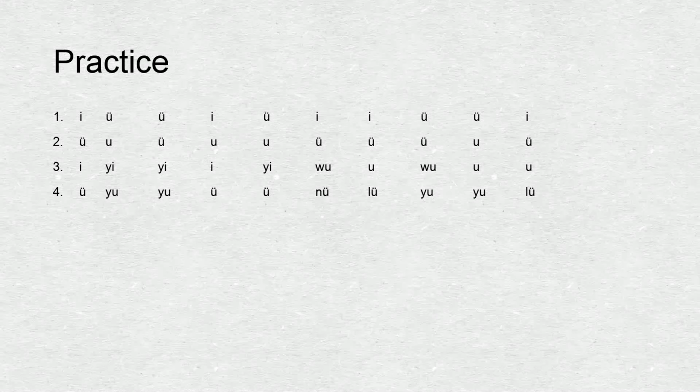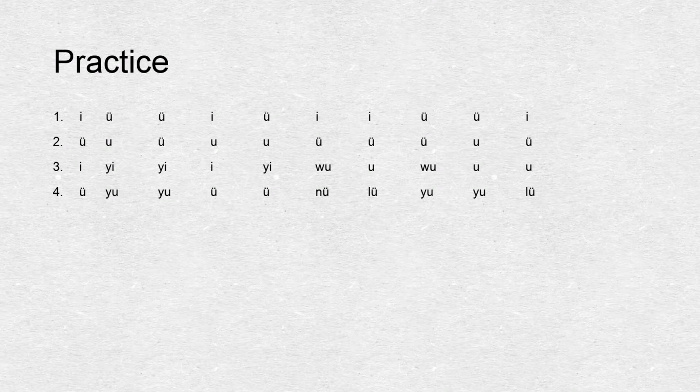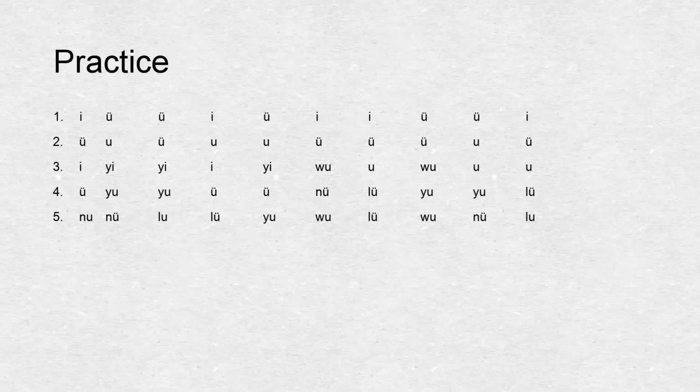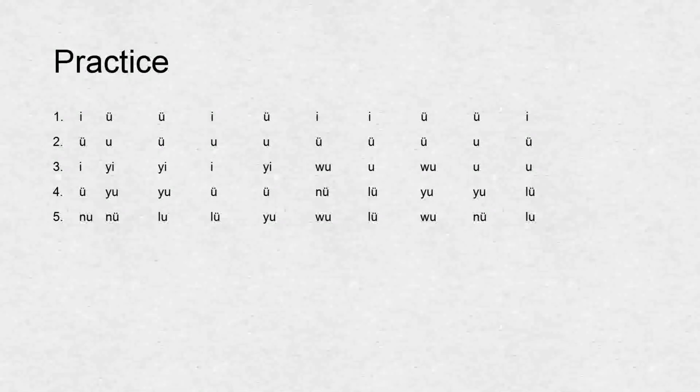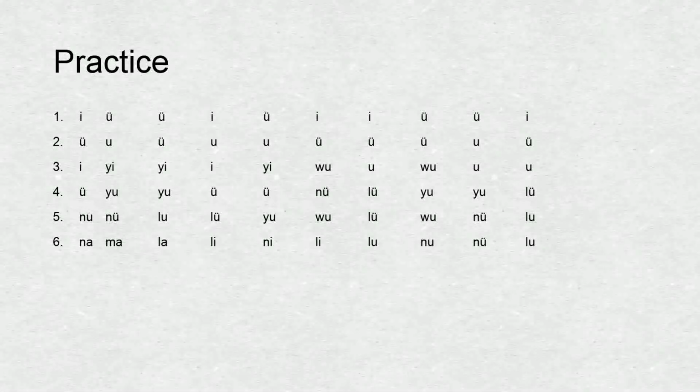U, U, U, U, U, Nu, Lu, U, U, Lu. Row 5. Nu, Nu, Lu, Lu, U, U, Lu, U, Nu, Lu. Row 6. Na, ma, la, li, ni, li, lu, nu, nu, lu.